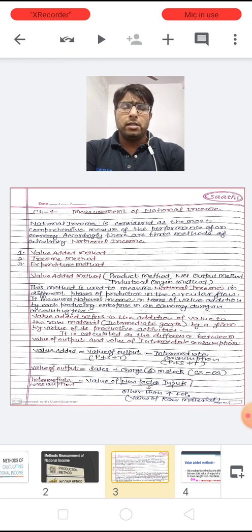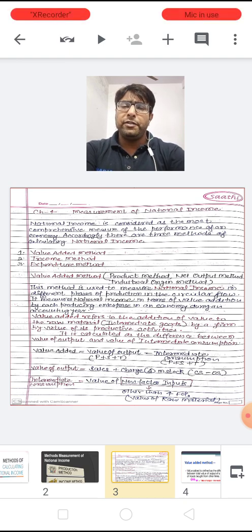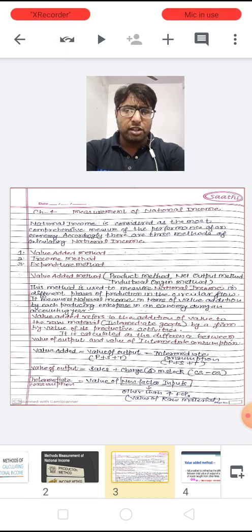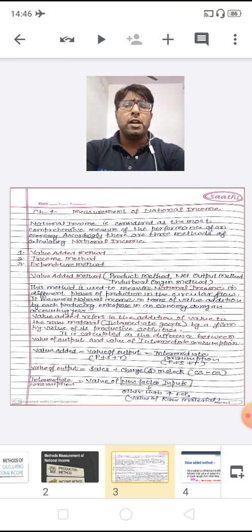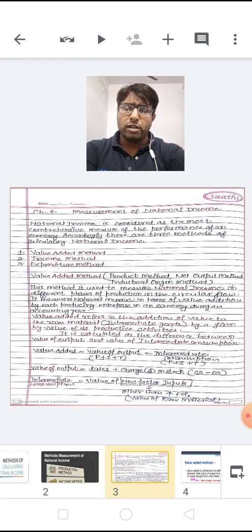Value added method is used to measure national income in different phases of production in the circular flow. It measures national income in terms of value added by each producing enterprise in an economy during an accounting year.